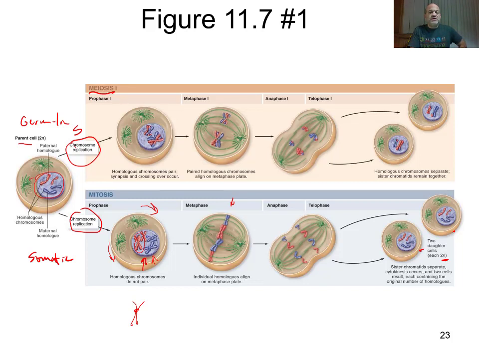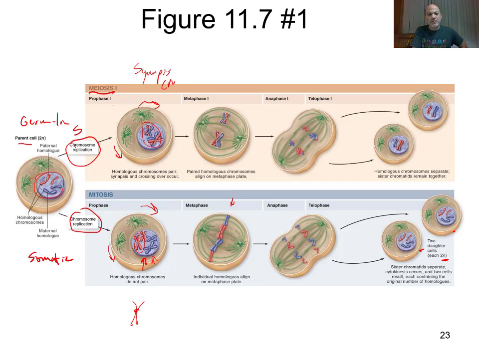For meiosis, that's different. During prophase 1, all of the things that happen here to the nuclear envelope, the spindle apparatus forming, the centrioles migrating to opposite poles. But here, remember that we're going to have synapsis occur.